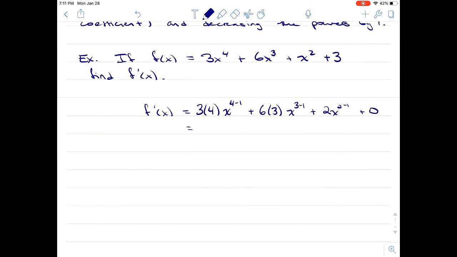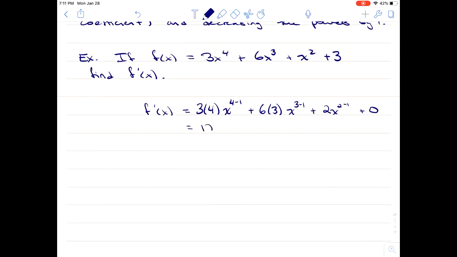So we can simplify this and say, well, that's the same as 12x to the power of 3 plus 18x squared plus 2x.